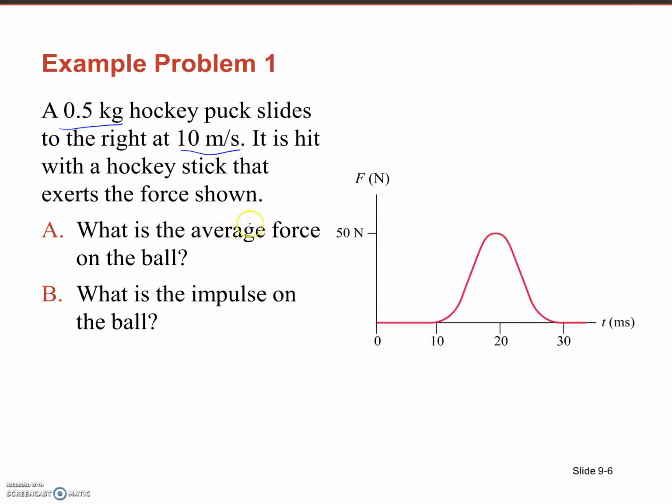Well, to find the average force, we can simply look at our graph and we say, well, it's kind of like a triangle, but I can basically lop off the top, right? So if I draw a little dashed line here and remove this piece, and think about if I made this a square here, all right, this shape looks like it has about the same area as the original graph.